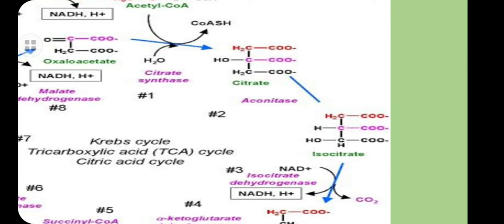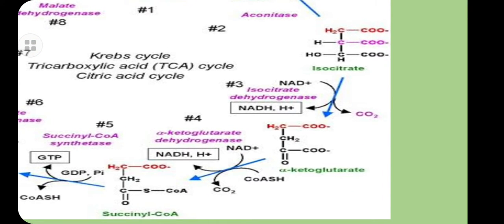Both are 6-carbon molecules. The third step of the Krebs cycle is conversion of isocitrate into alpha-ketoglutarate in the presence of the enzyme isocitrate dehydrogenase. Again, hydrogen is accepted by NAD plus and produces NADH2. Isocitrate is a 6-carbon molecule. During this process, this 6-carbon molecule produces a 5-carbon molecule and 1 carbon dioxide molecule is produced.